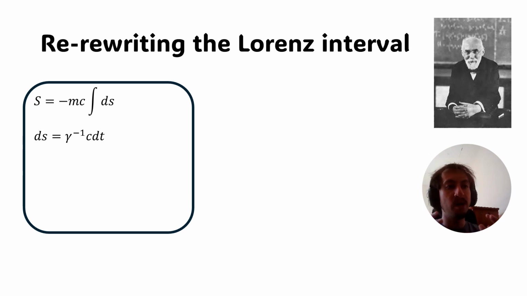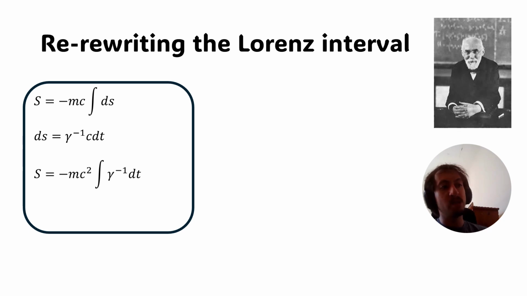And if you would like to have a look a bit more at Lorentz transformations and time dilation, I would recommend heading back to the beginning of this playlist where we talk about Lorentz transformations and that kind of thing in a fair amount of depth.